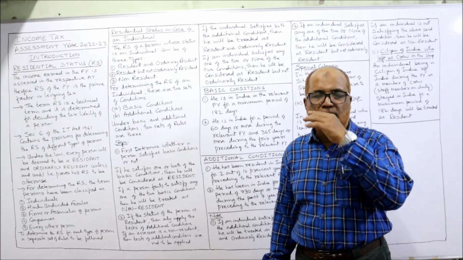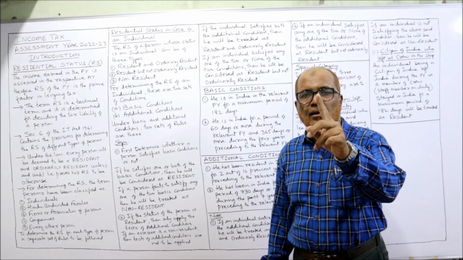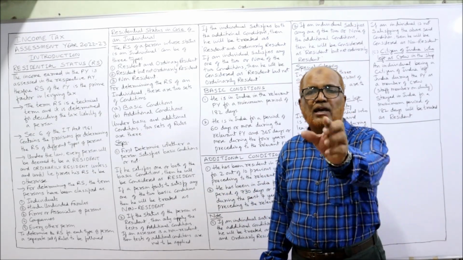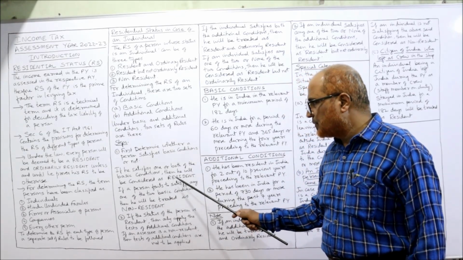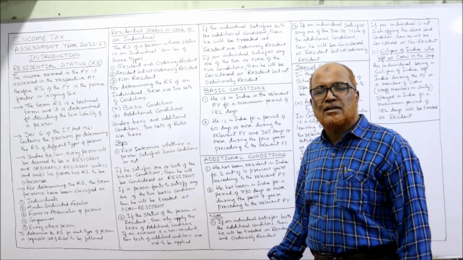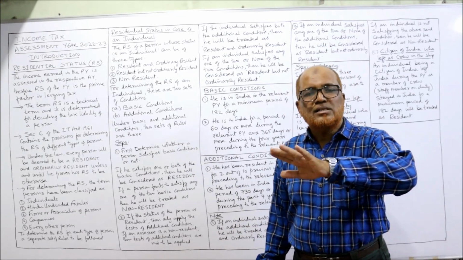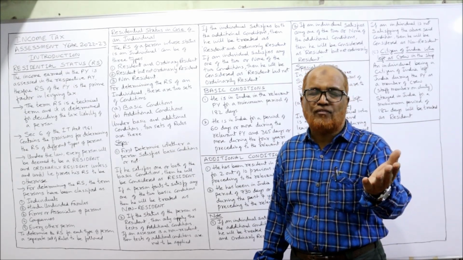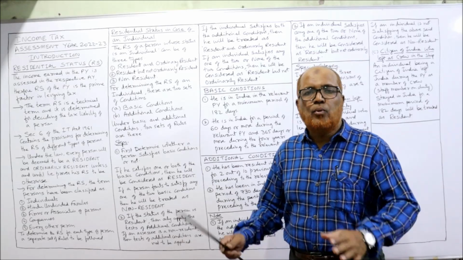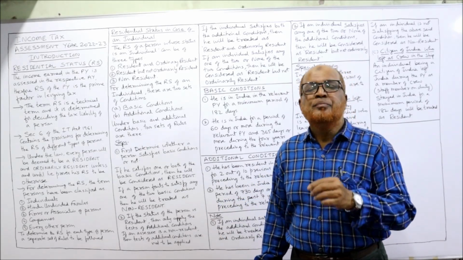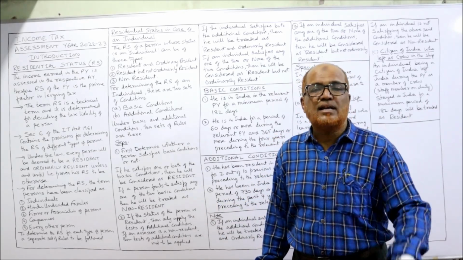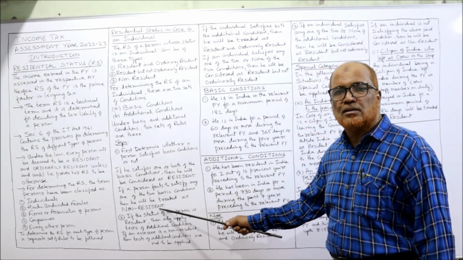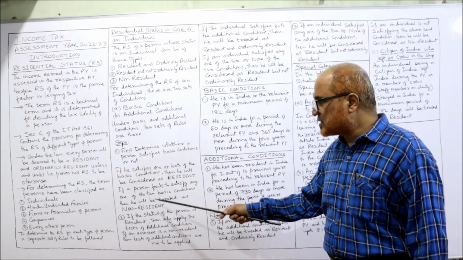If the individual satisfies one or both of the basic conditions, then he will be treated as resident. If a person does not satisfy any condition, neither the first rule nor the second rule of the basic conditions, then the individual will be called non-resident. Right? This is the first step.